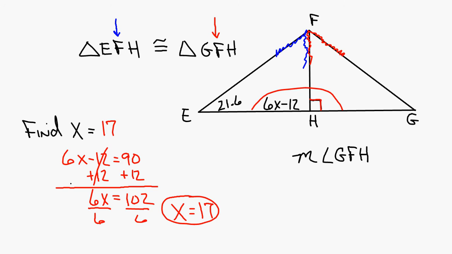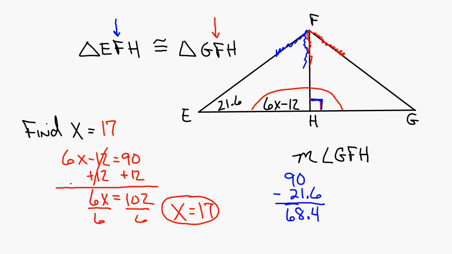So what do you remember about the acute angles in a right triangle? What do they have to add up to? 90. A right triangle already has one 90-degree angle, so don't the other two have to add up to 90? So can't you take 90 and subtract 21.6 to get the blue angle? 68.4.